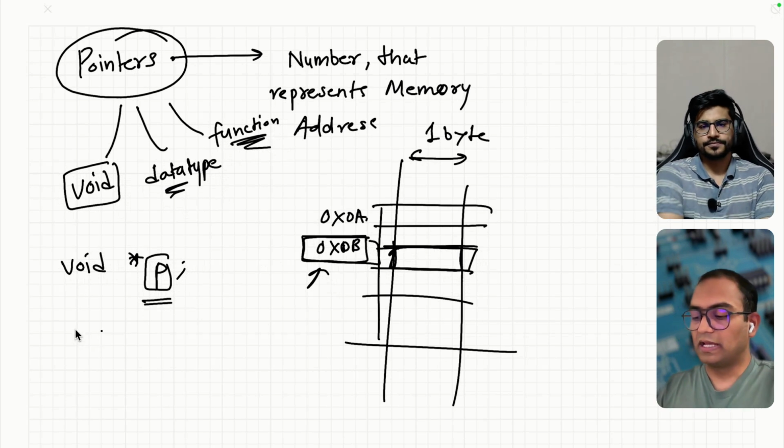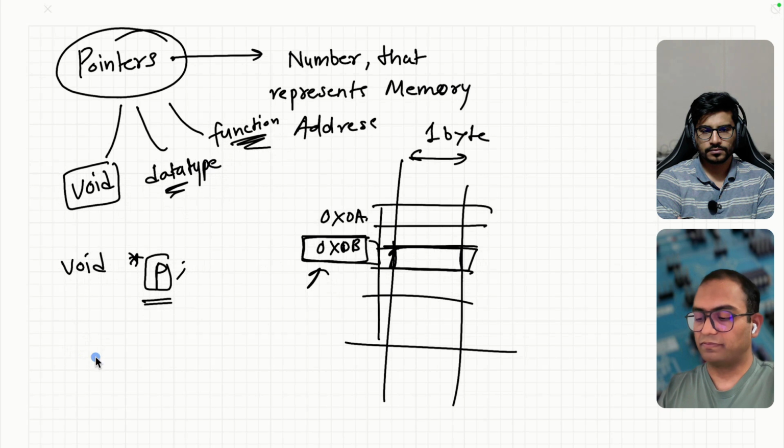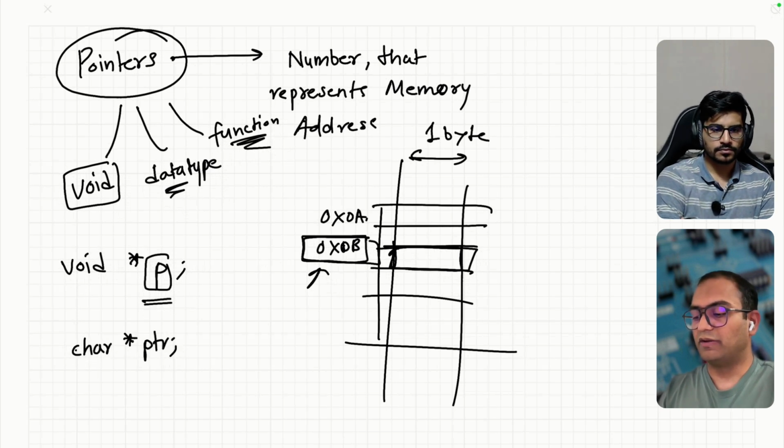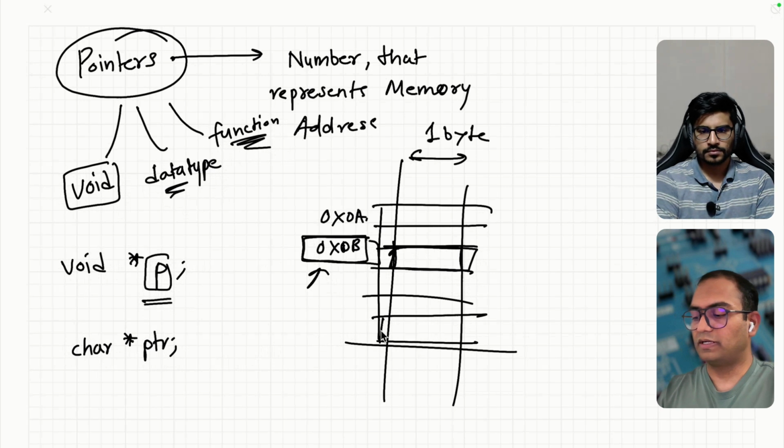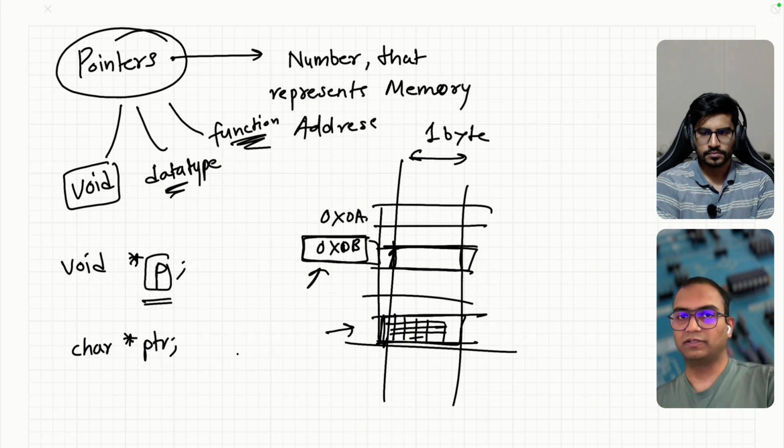that represents the location. If we have a data type, for example character pointer PTR, then whatever address PTR is holding, we can read 1 byte from there. It is storing a character.